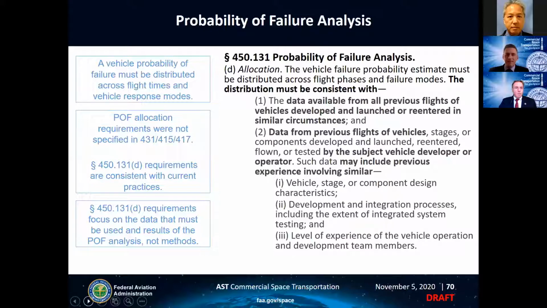The distribution must be consistent with the data available from all previous flights of vehicles developed and launched or re-entered in similar circumstances, and data from previous flights of the subject vehicle itself. This section focuses on the data that must be used and results of the probability of failure analysis, and not necessarily the methodology. Okay, next slide, please.